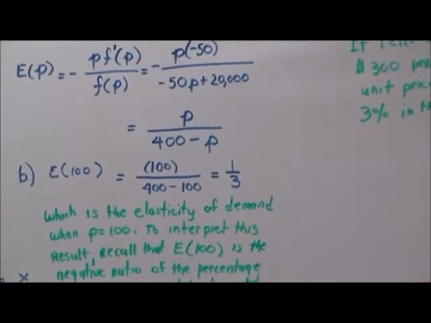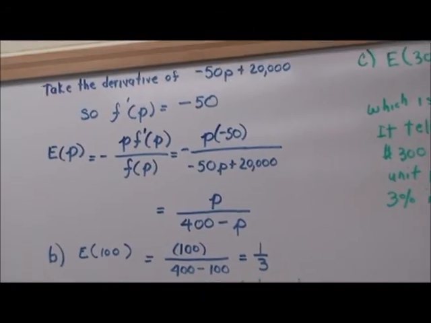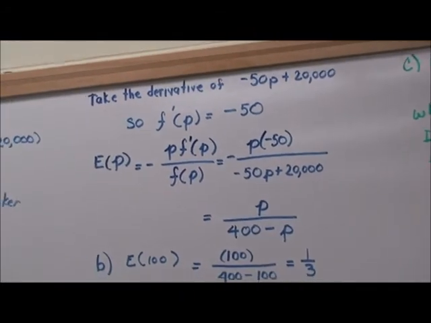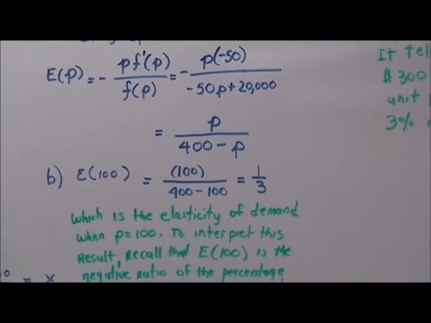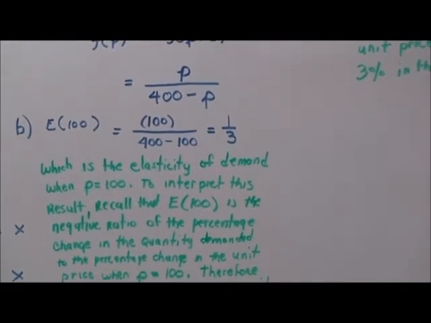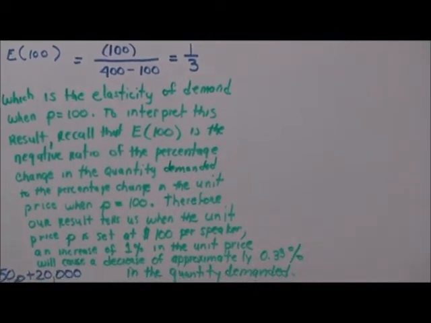That's what's taking place here. Look at that very closely: a 1% increase in the unit price will cause a decrease of approximately 0.33% in the quantity demanded. So, very important information.